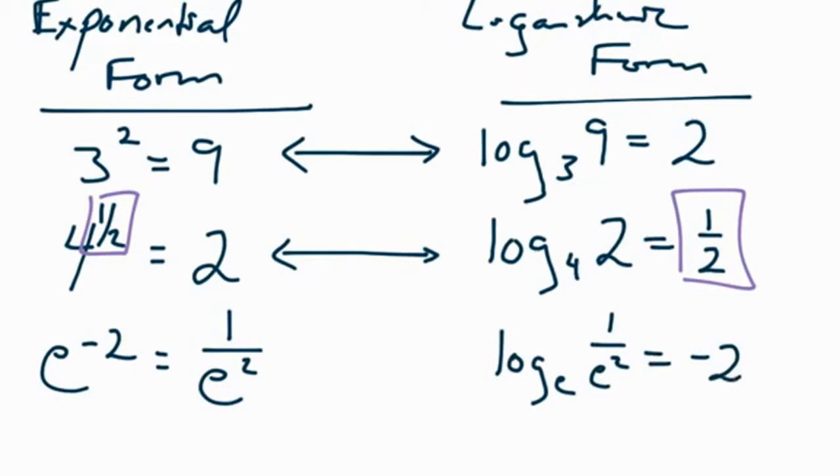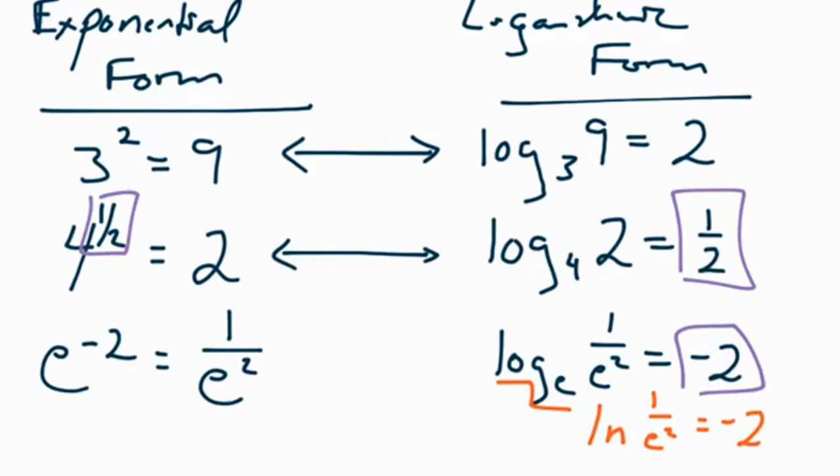And again, we see that this logarithm is equal to an exponent. But we also see that we have a log that has a special base. We have a log base e. Log base e's have their own logarithms. They're called natural logs. And so we could say that the natural log of 1 over e squared is equal to negative 2, which would be making the same claim, just a little bit more mathematically correct with the notation.